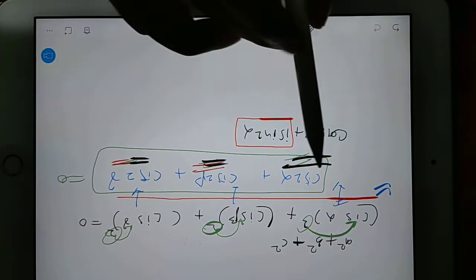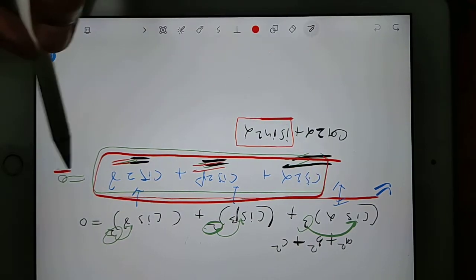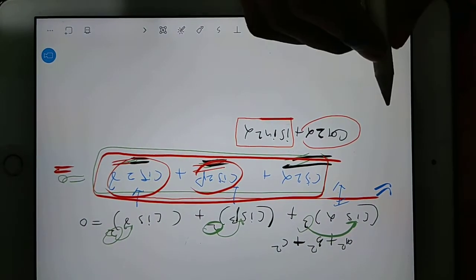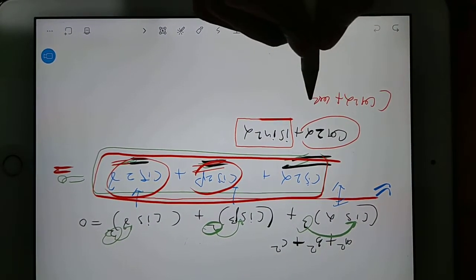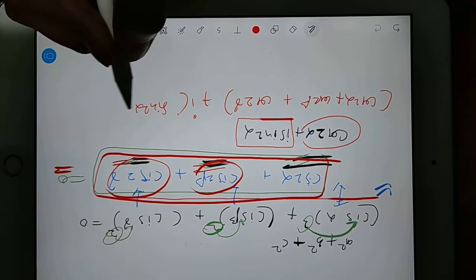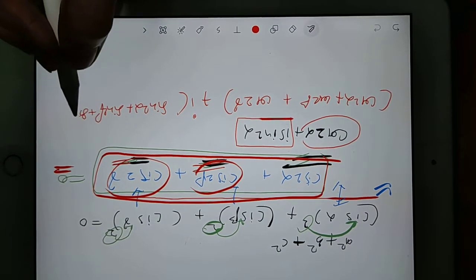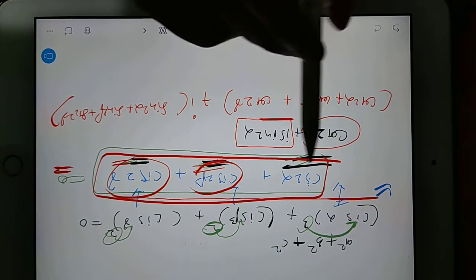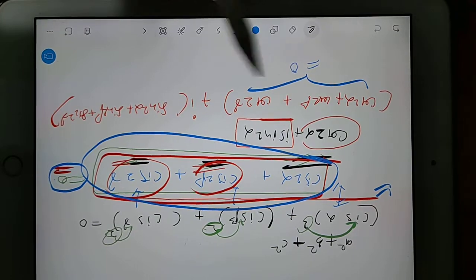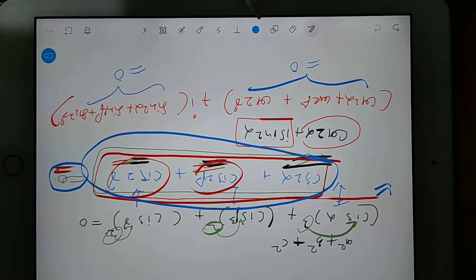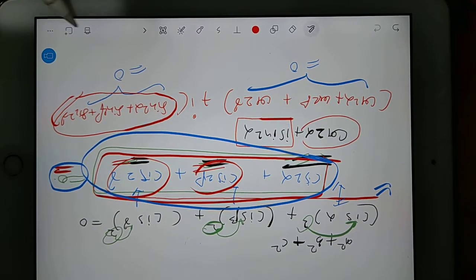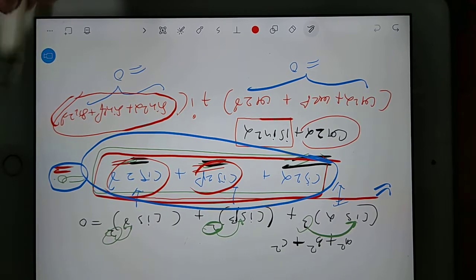So if this total answer is coming to 0, it means the real part, if I collect from all three, like cos 2 alpha plus cos 2 beta plus cos 2 gamma, plus i times (sine 2 alpha plus sine 2 beta plus sine 2 gamma). Because the total answer is coming 0, it means the real part is also 0 and the imaginary part is also 0. So in the question they have asked the value of this, so that answer is 0.